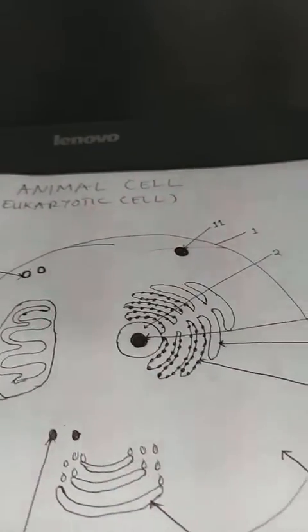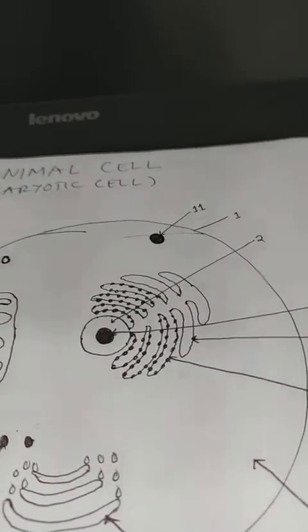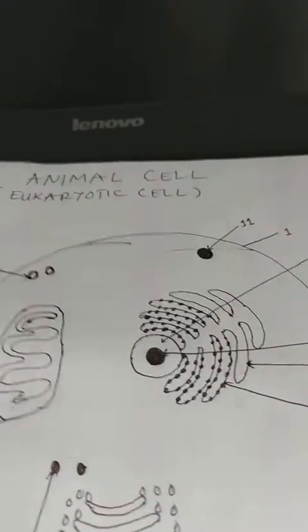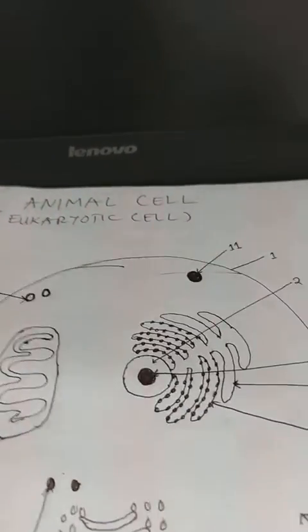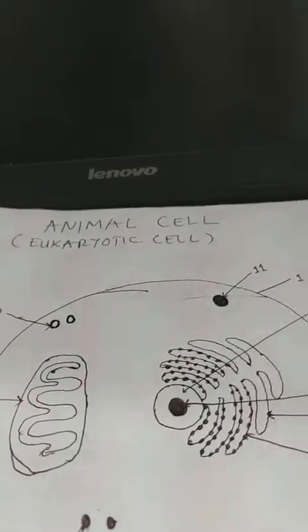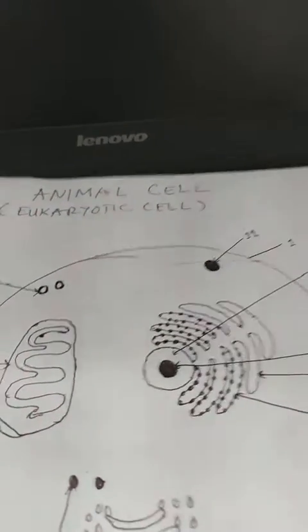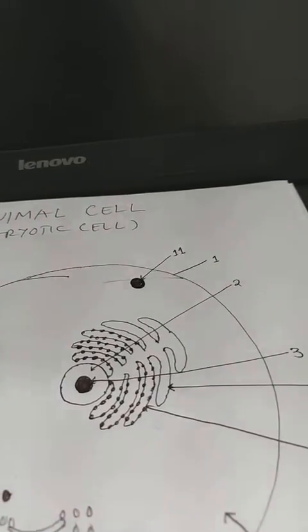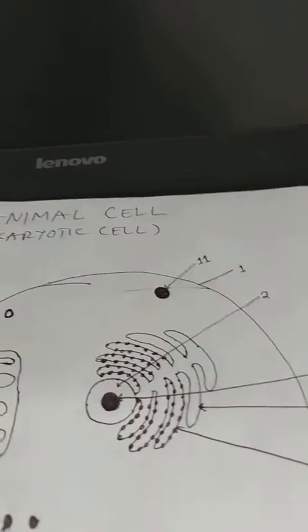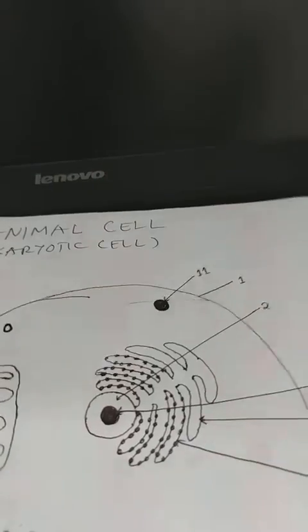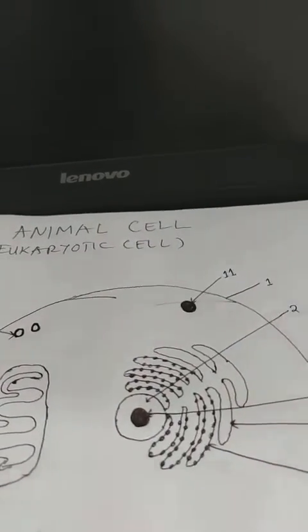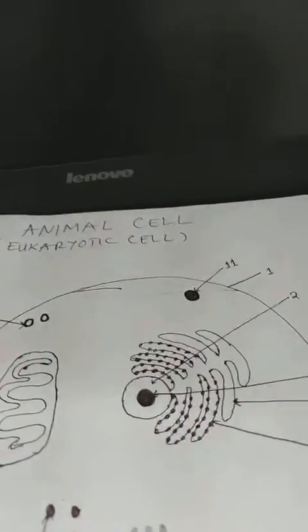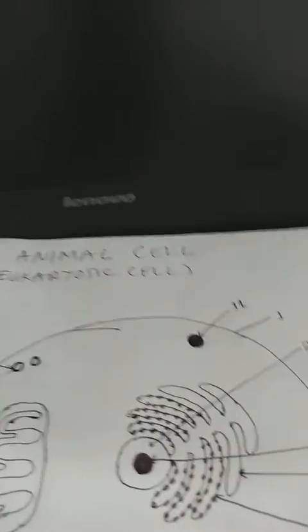So that is another protective barrier which some eukaryotic cells, for example plant cells, do have.